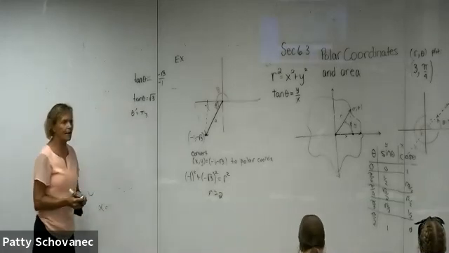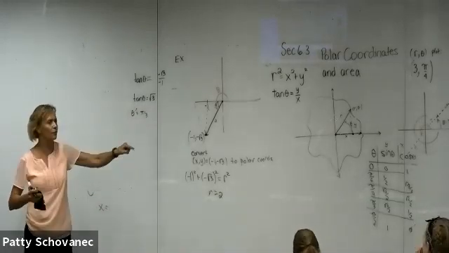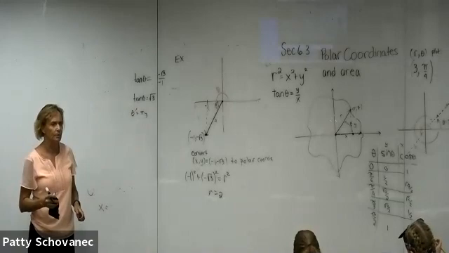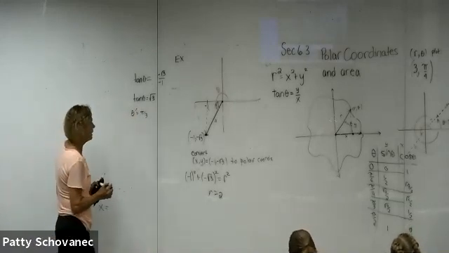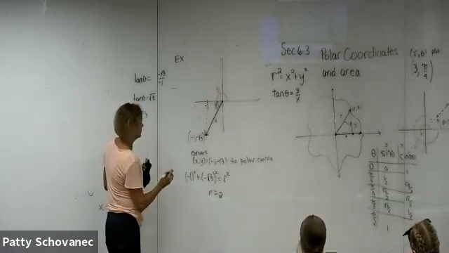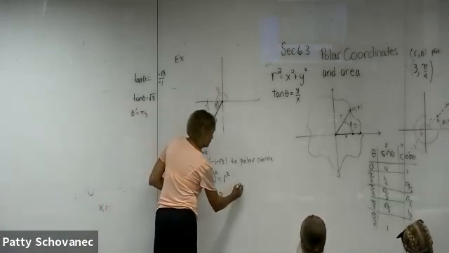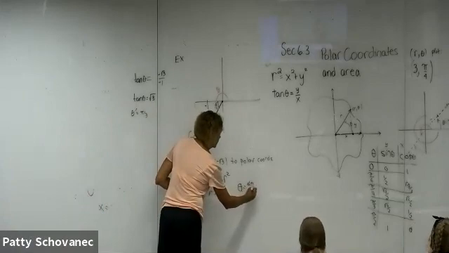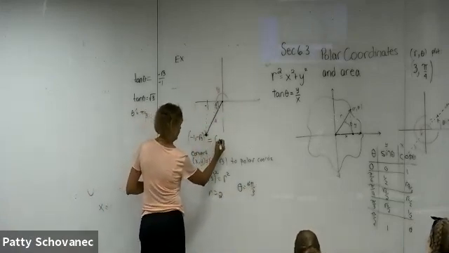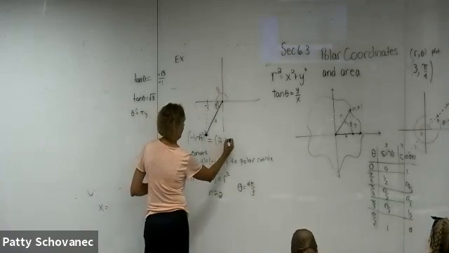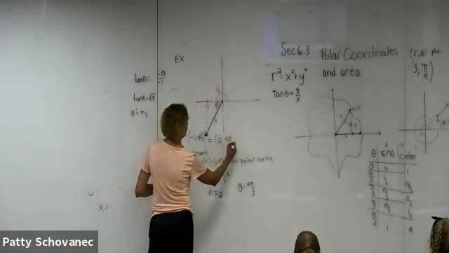So I need to start at pi radians and go pi over 3 more. So what is that red theta right there? 4 pi over 3. Pi plus pi over 3 is 4 pi over 3. So one name for this particular point is R is 2, theta is 4 pi over 3.